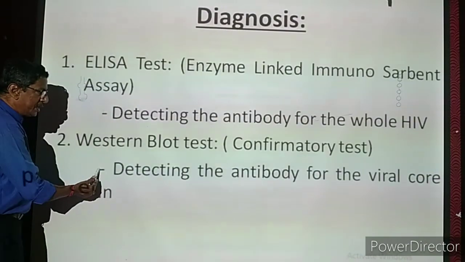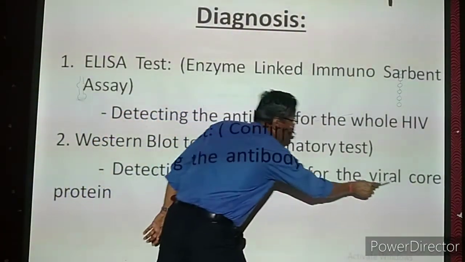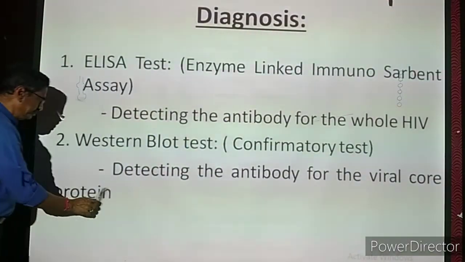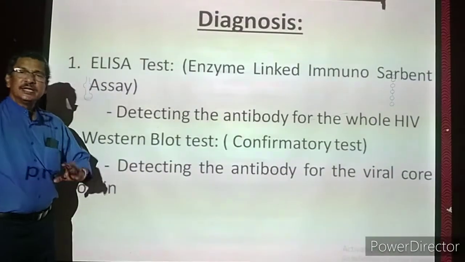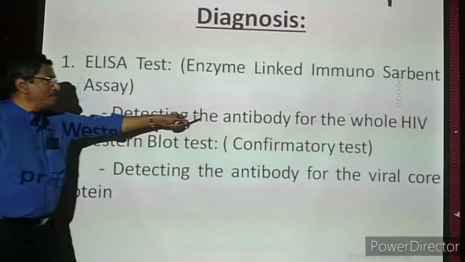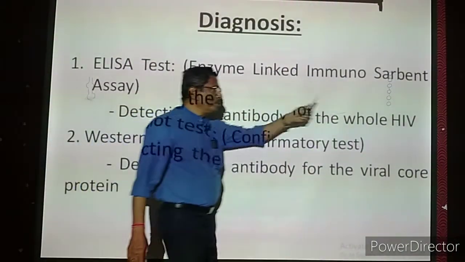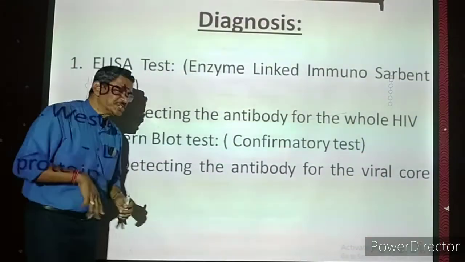In this test, we are detecting the antibody for viral core protein. What is that viral core protein? Core protein is in the outer envelope where the glycoprotein is there. First our body will produce antibody for the whole HIV, but the HIV is not killed. Then our blood will take the second step. What is the second step?